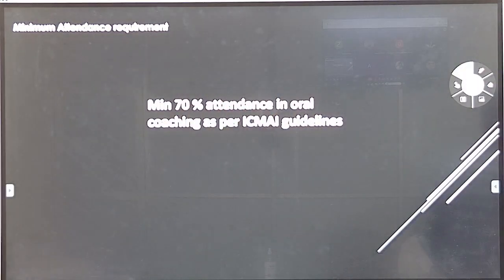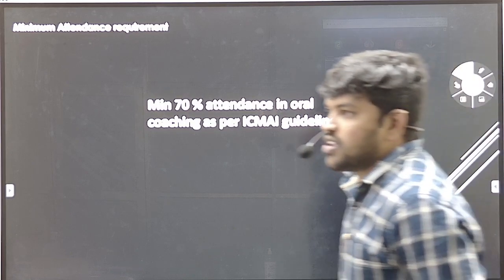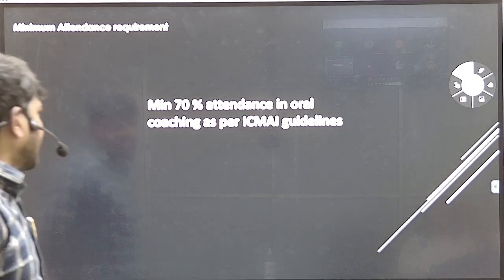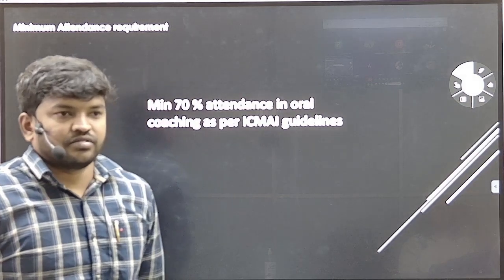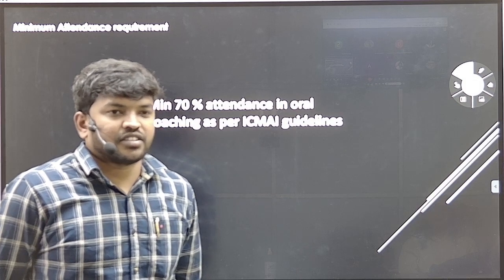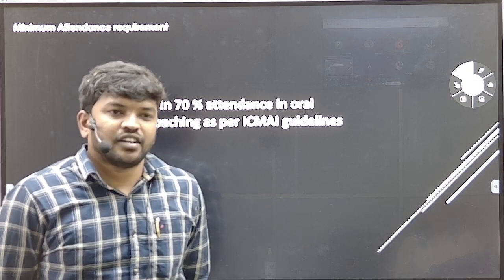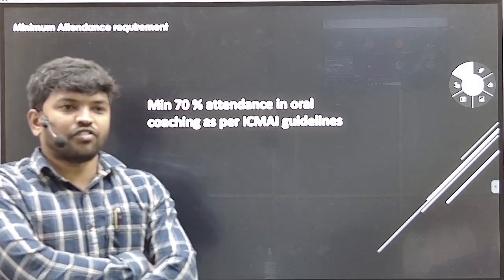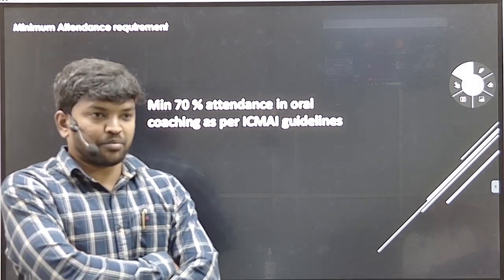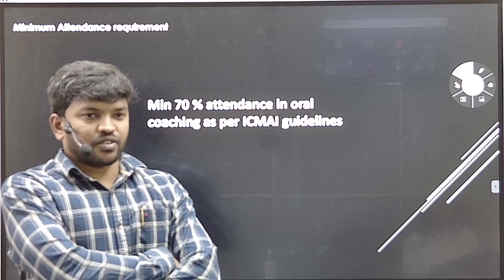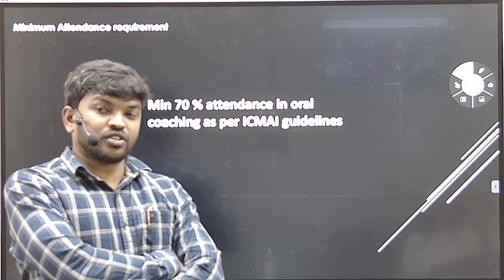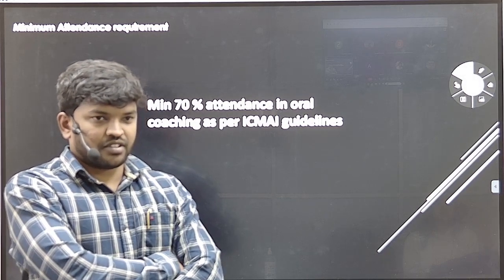Check this one. Minimum 70% attendance is required. Why is this required? The institute is continuously following up with the chapter officers. They have to upload the attendance of the students in order that the students will be eligible for the attempt.